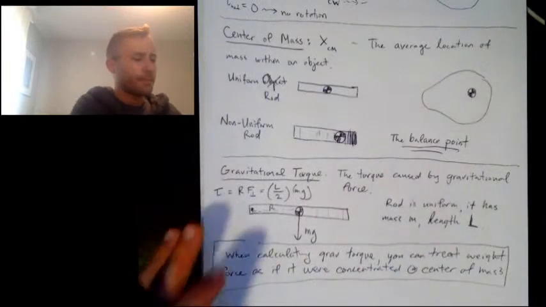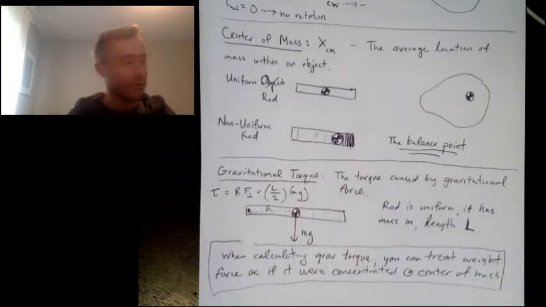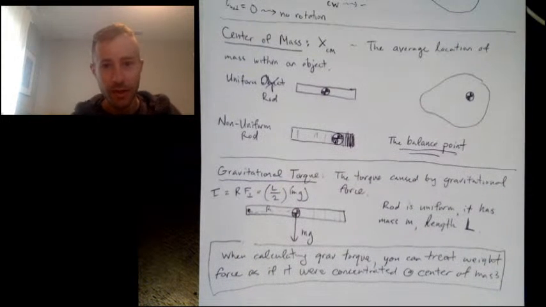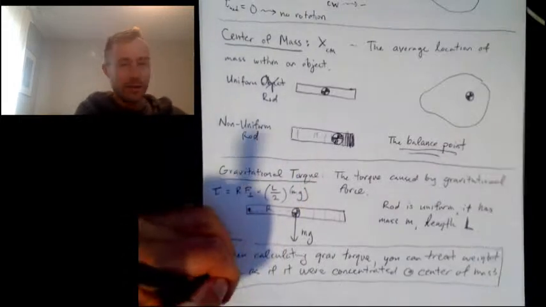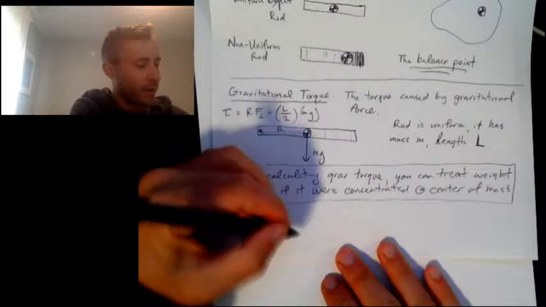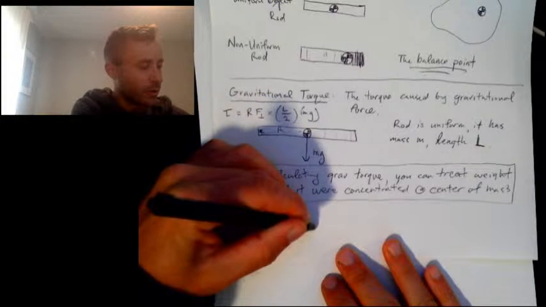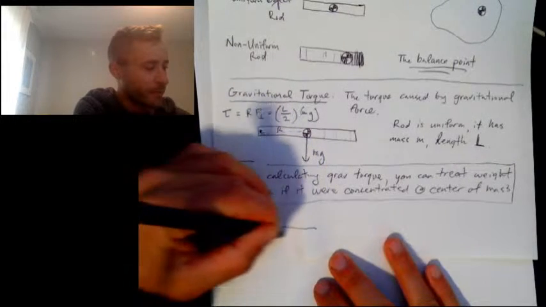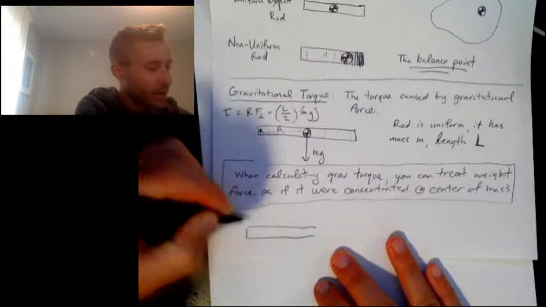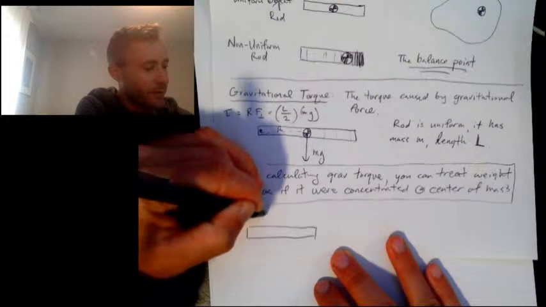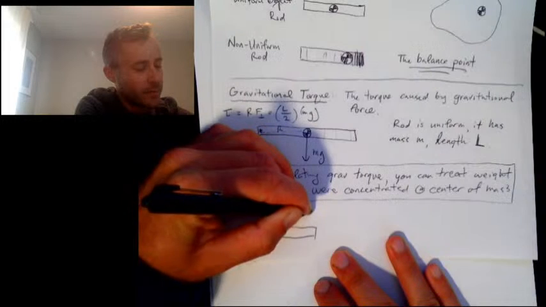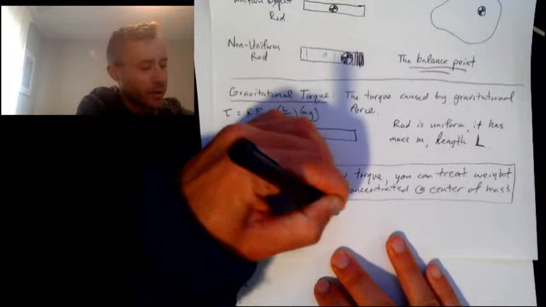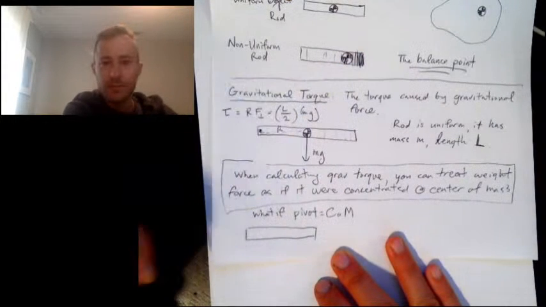Now this explains why the center of mass is the balance point. Because what if the pivot point coincides with the center of mass? So, in other words, what if the pivot equals the center of mass?